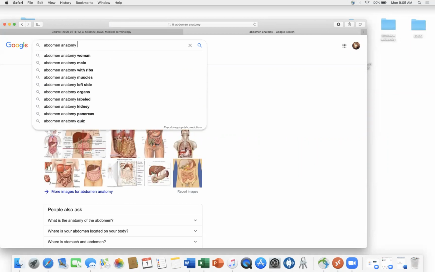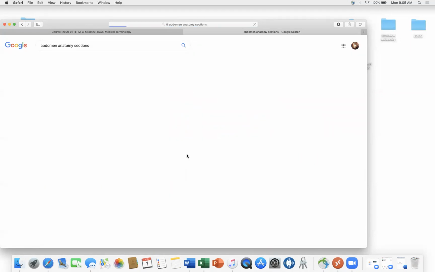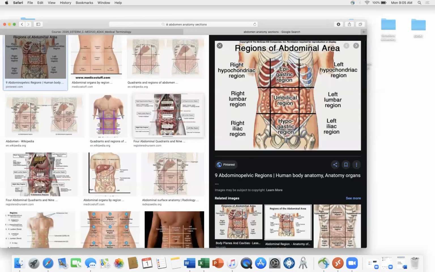You could use your medical terminology powers here. This one with only 4 is easy: left upper quadrant, right upper quadrant, right lower quadrant, left lower quadrant. But remember, you're always looking at the anatomy from the perspective of your patient, not your own.